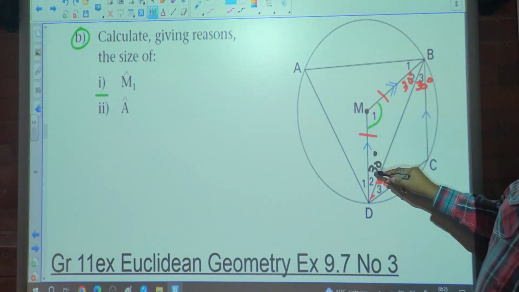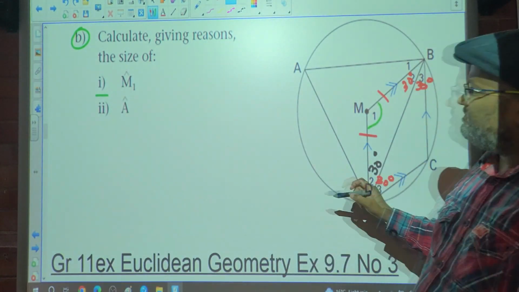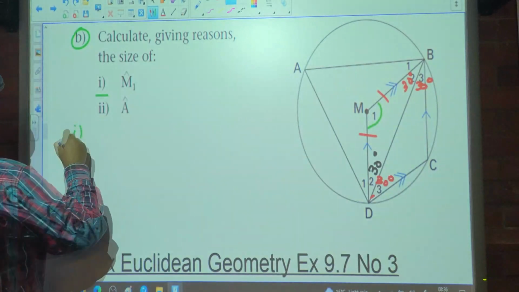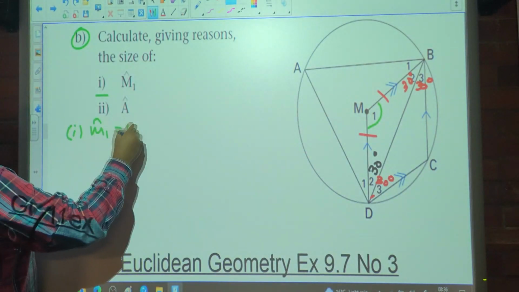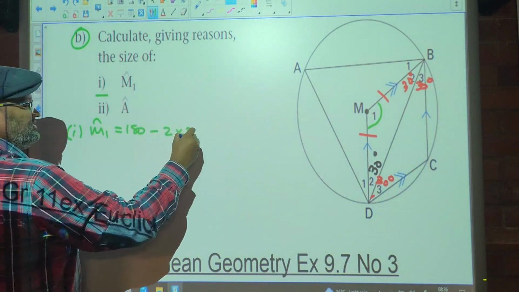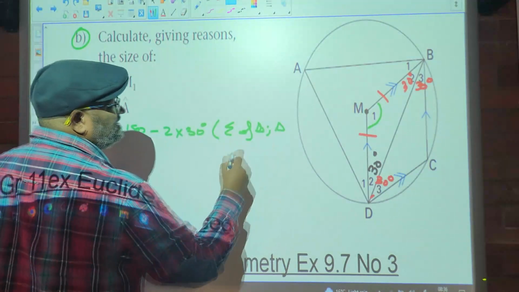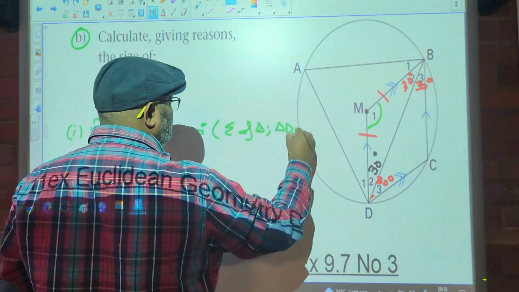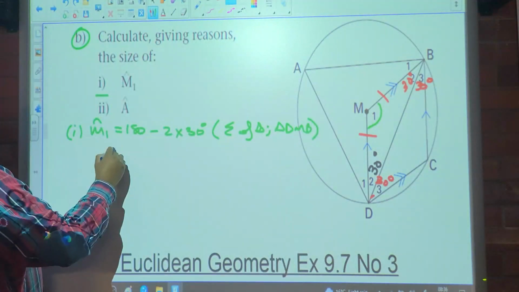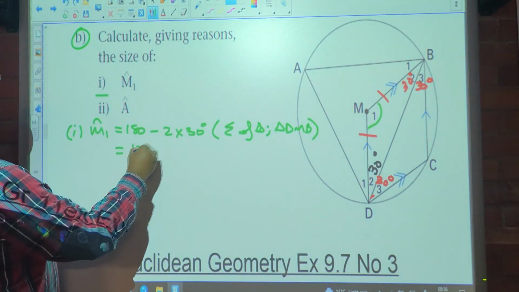This is sum of angles in a triangle. So M1 is equal to 180 minus 2 times 30. Sum of angles, that is triangle DMB, which gives you 120.